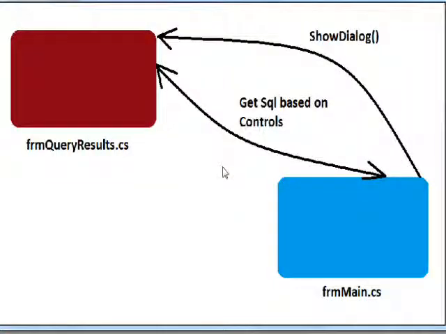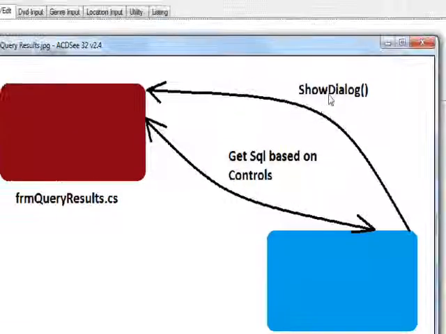Previously on MySql connector/net, we had a program, a DVD base, that had a form called FRM main that spawned another form called FRM query results via the show dialog.